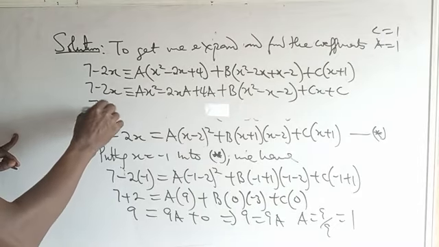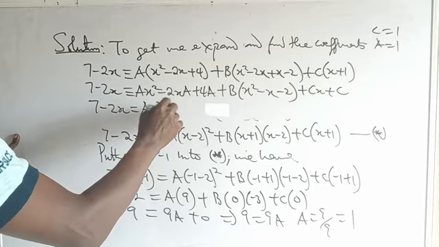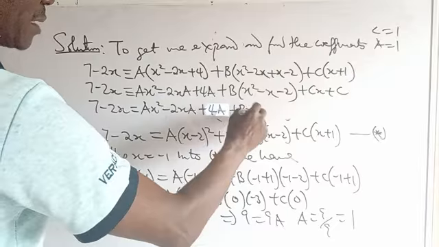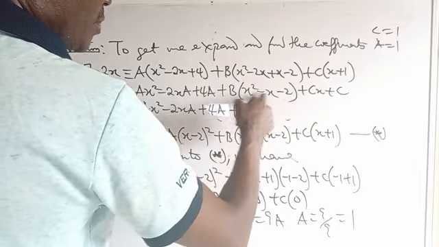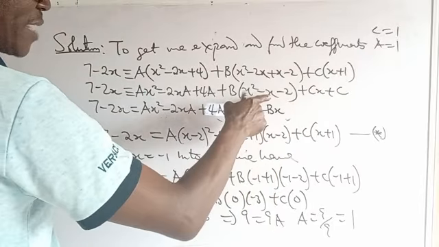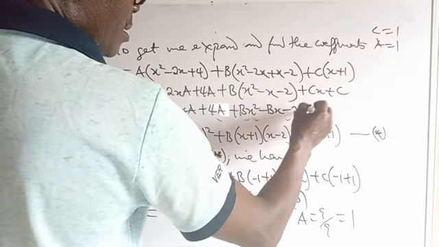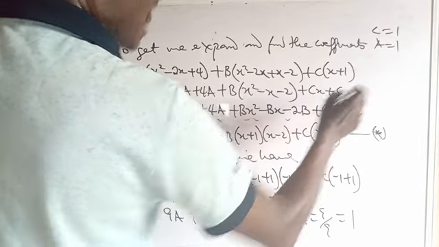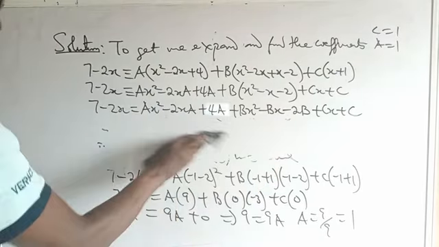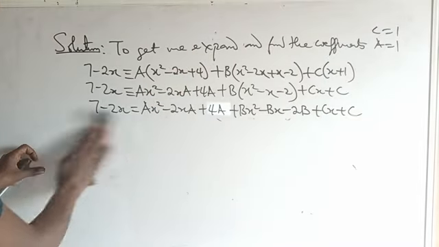So 7 minus 2x is equal to ax squared minus 2xa plus 4a plus bx squared minus bx minus 2b plus cx plus c. So we can now compare the coefficients.